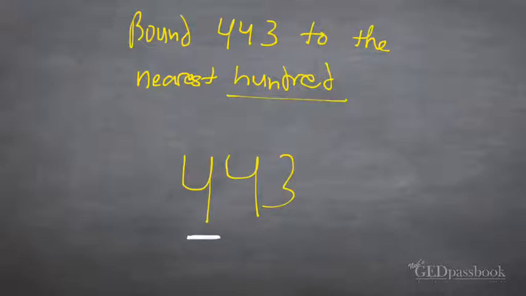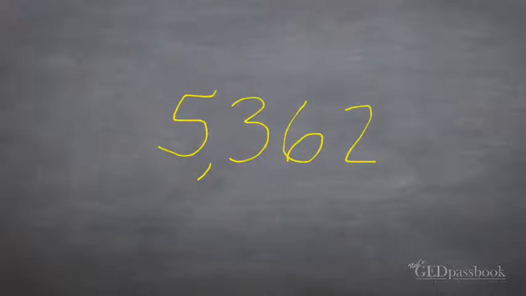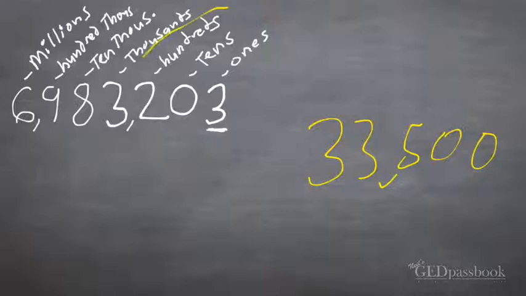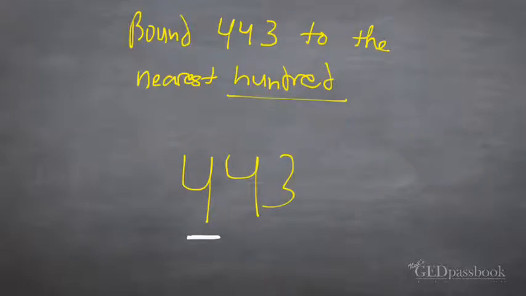That's your hundreds place. Hundreds. So if they tell us round to the nearest hundreds, go to the hundreds place. Go to it. I'm right here. I made it. I drove over there and I made it to the hundreds place.